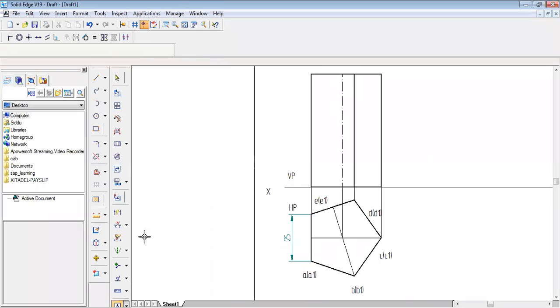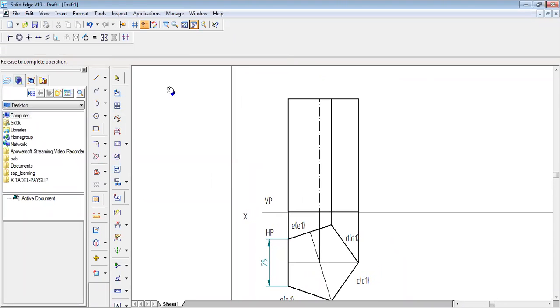So this is my A dash of E dash, right? Here it is.